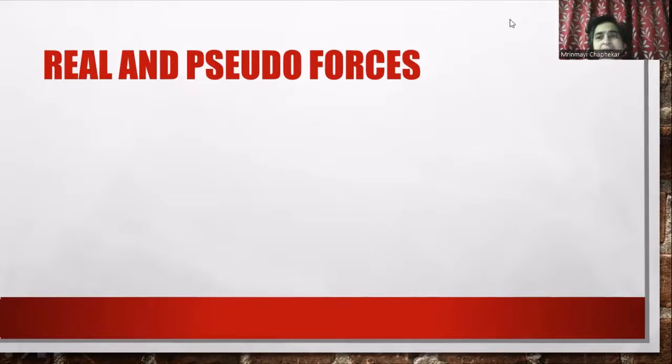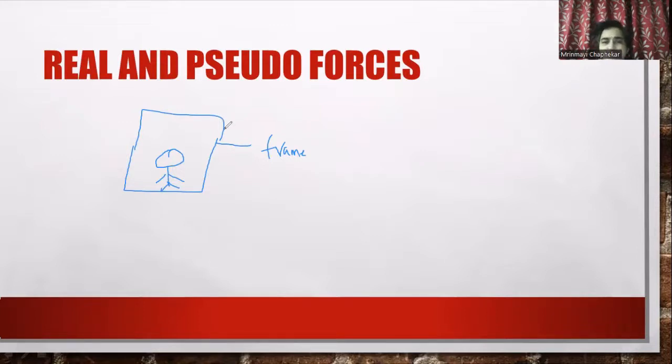Now we'll have one more example. We'll have an example of a lift. Suppose this is a lift and a person is standing in the lift. The lift is a frame of reference, and if it is moving with constant velocity, it will be inertial frame of reference, and the person in the inertial frame of reference will not experience any pseudo force.